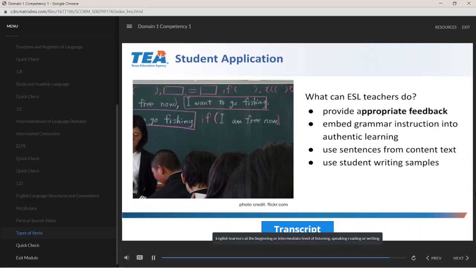However, English learners at the beginning or intermediate levels of listening, speaking, reading, or writing in grades 3 or higher may require accelerated learning of English grammar. Instruction must be focused, targeted, and systematic in accordance with the English Language Proficiency Standards, or ELPS. Domain 2 further elaborates on accelerating instruction for students with individual differences.